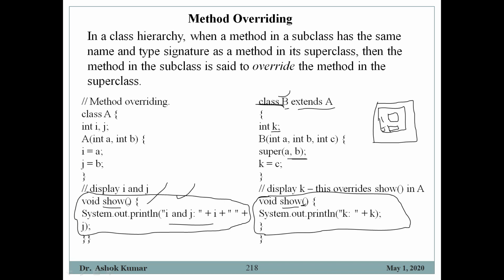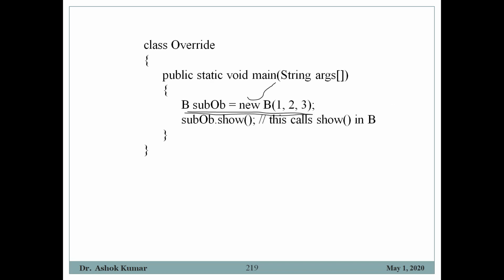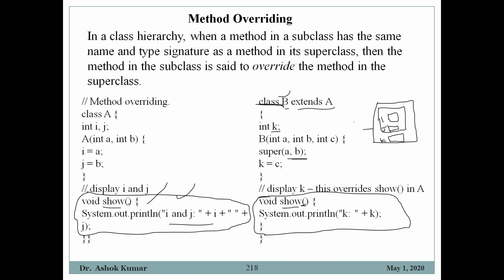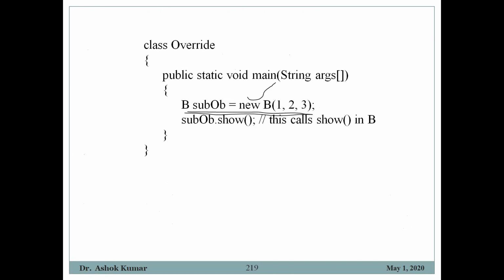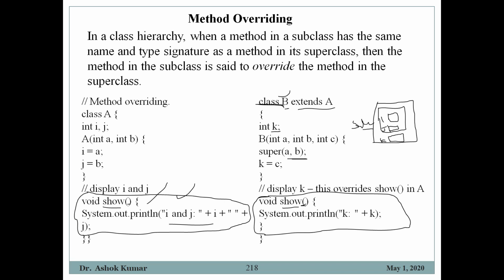This is I and j, and this is the instance variable of the subclass, that is k, and this object name is sub ob. And this constructor call is passing the values 1, 2, 3 to a, b, c. So a is 1, b is 2, c is 3.